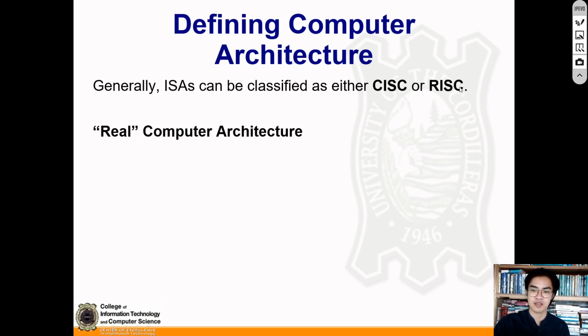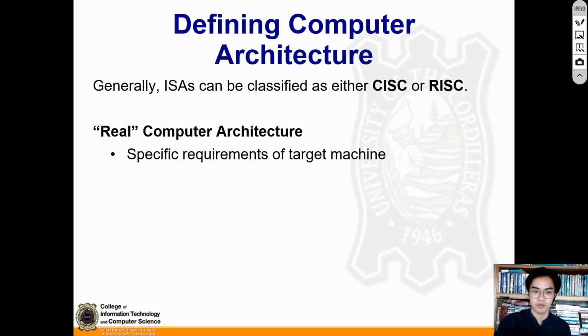Reduced instruction set computers, which is why the newest view of computer architecture is we take a look at the specific requirements of the target machine. Because remember, on the very first slide, we said that we can shape the computers. So it's not really fair to define computer architecture based on just the hardware part.